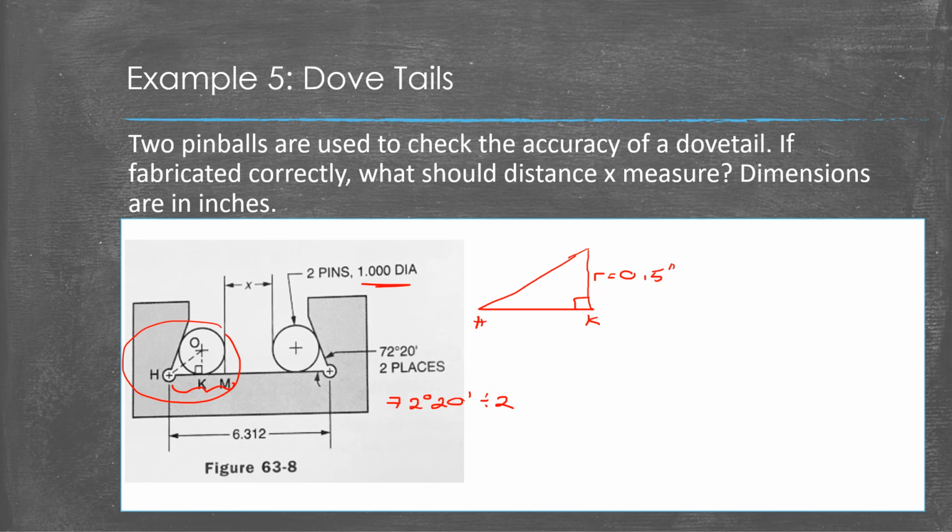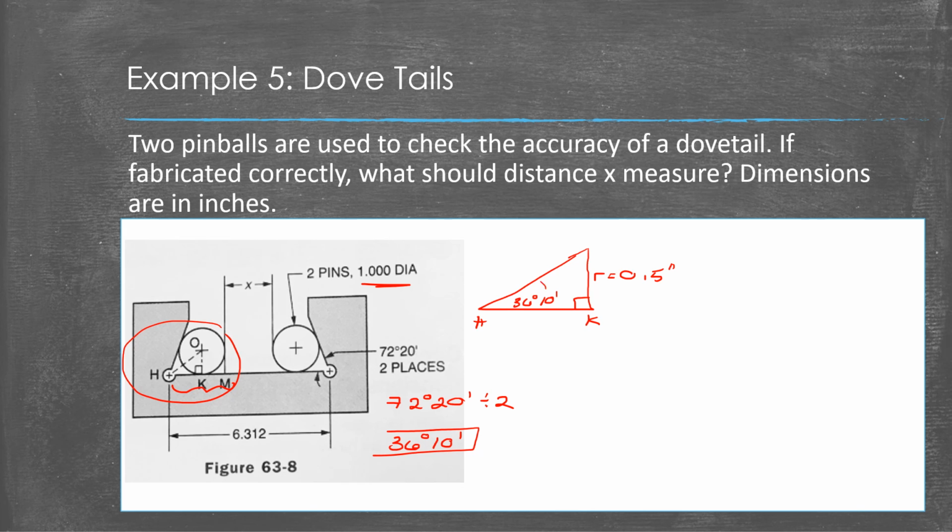You know how to do that in your calculator: 72, the degree minute second button, 20, the degree minute second button, then divide by 2. You should get an angle of 36 degrees, 10 minutes. So that's what's going to go in here.